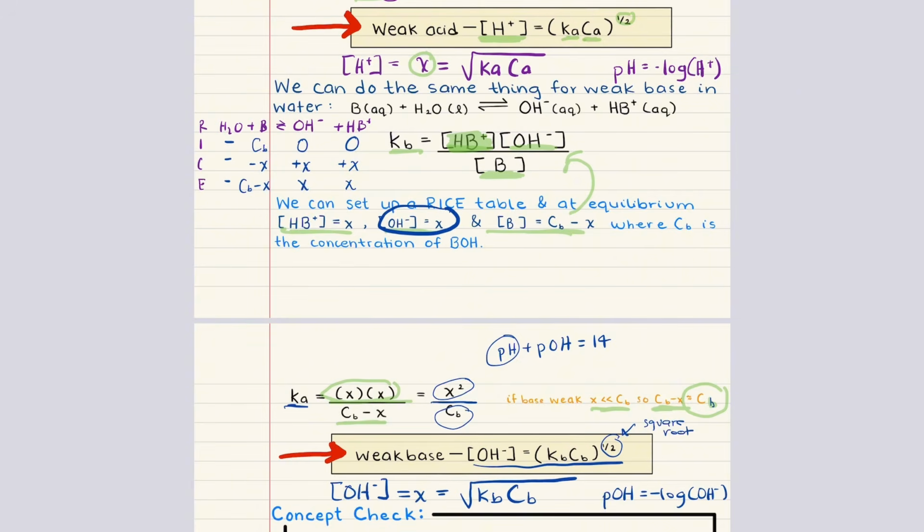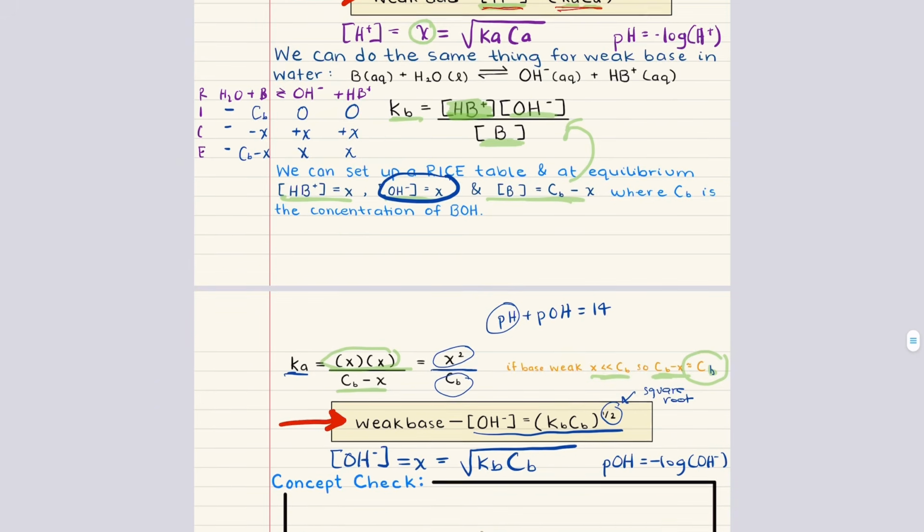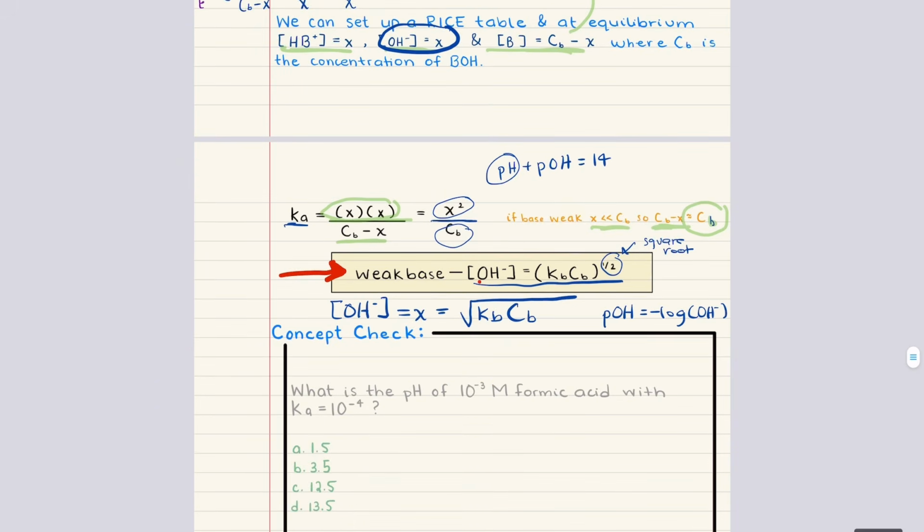For weak acids in water, the hydronium concentration equals the square root of Ka times the acid concentration. For weak bases in water, the hydroxide concentration equals the square root of Kb times the base concentration.